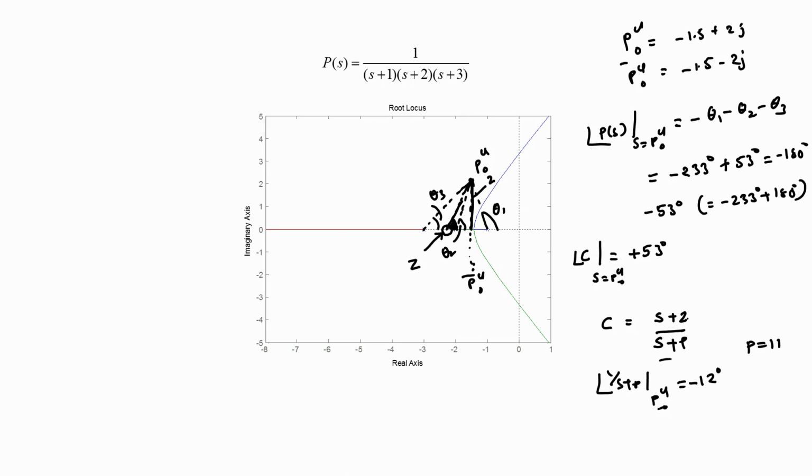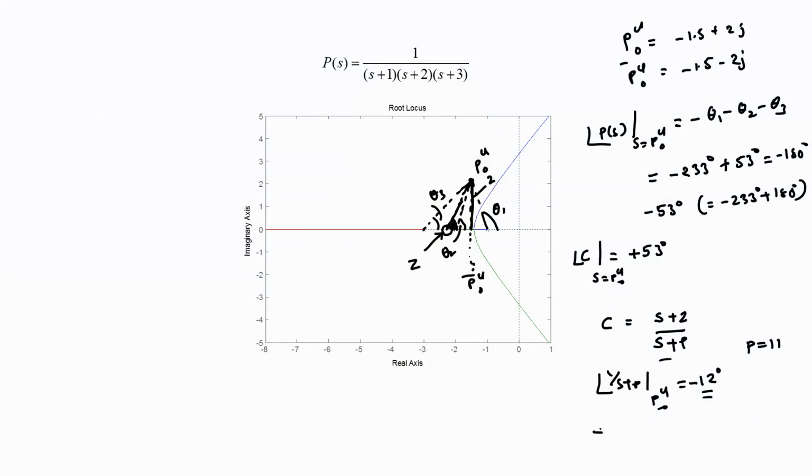Now, our zero's position has to be fine tuned a little bit, because it now also has to compensate for this extra negative angle supplied by the controller pole. So, instead of having to compensate for minus 53 degrees, the difference between the angle at the point PCL naught and the angle necessary for PCL naught to be a point on the root locus, namely minus 180 degrees, one has to have a controller whose zero subtends an angle of not plus 53 degrees, but plus 53 plus 12 degrees.